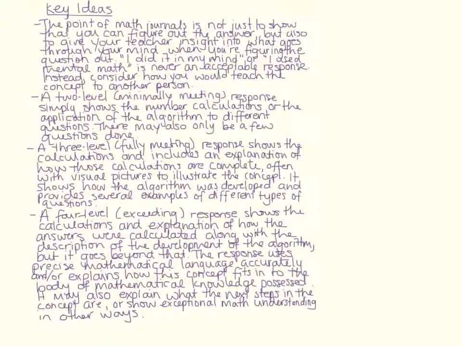And a 4-level response includes all of that, but also goes beyond, possibly through using precise mathematical language, possibly by explaining how the algorithm was developed, possibly by looking at what the next steps in this lesson or in this concept would look like, or how it ties into other concepts that the student may be learning.